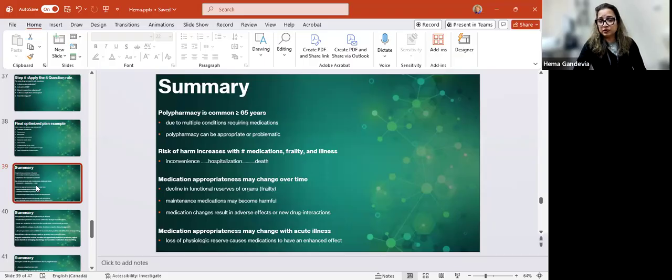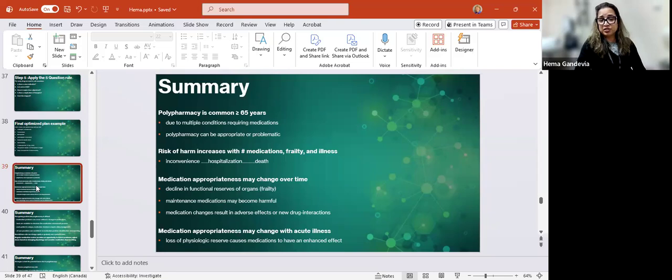Now, we all know that with multiple medications, frailty and illness, the risk of harm increases. There's inconvenience to the patient. There could be frequent hospitalizations, and death is definitely a possibility due to polypharmacy. Not all the time, sorry. There could be a possibility.